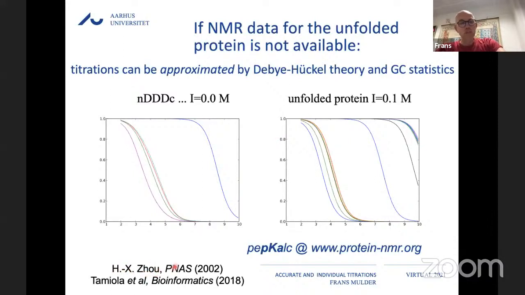And we have changed the approach that was taken. So we've taken the calculation methods that was presented in this paper, which is based on the Debye-Hückel theory, coupled with Gaussian chain statistics. But rather than using a Monte Carlo approach, we've used a hybrid mean field approach that was published a few years ago. And this program is available if you'd like to play with it.